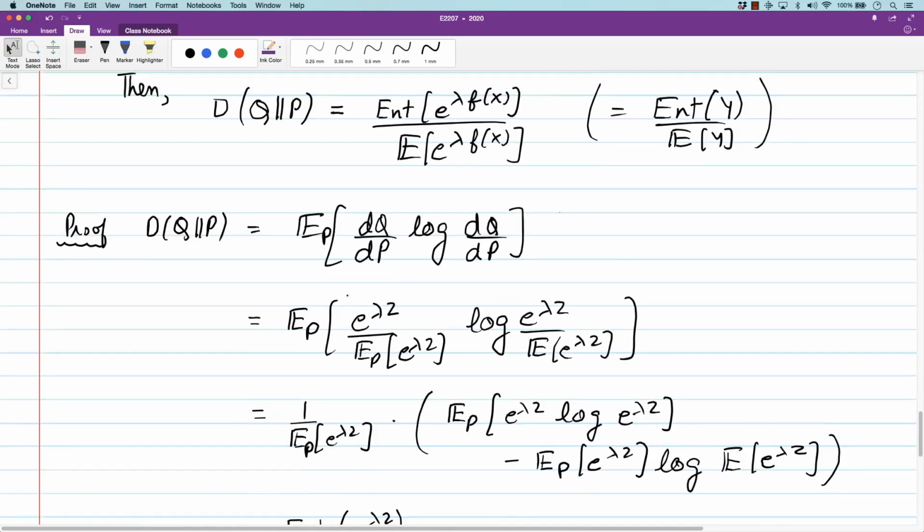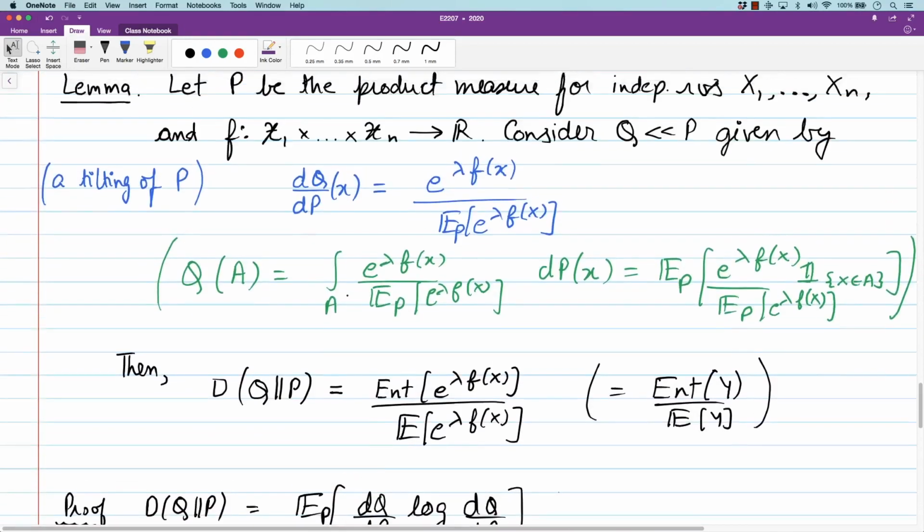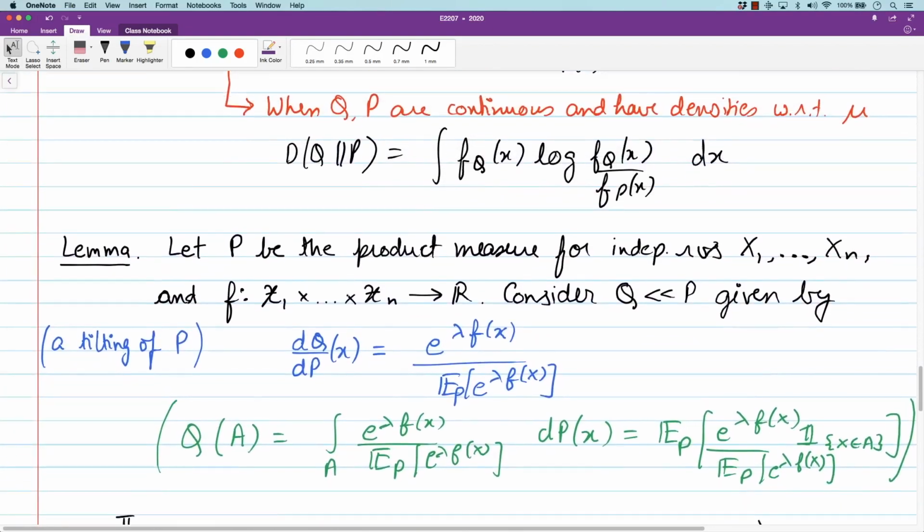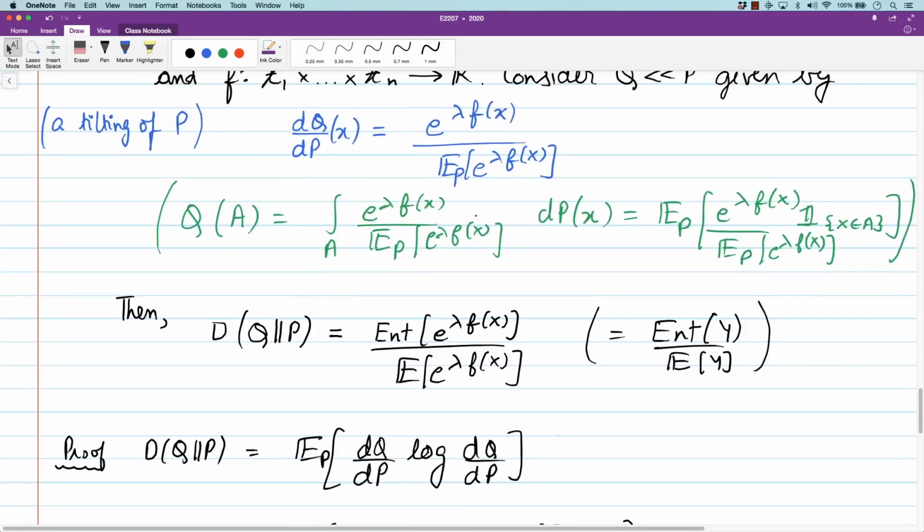One small catch here. I showed this proof with e to the power lambda f, but we have to subtract, it should be e to the power lambda f minus the expected value, right? But note that it doesn't matter. This is exactly equal to e to the power lambda f(x) minus the expected value of f(x). That centering comes for free because there's a ratio here.